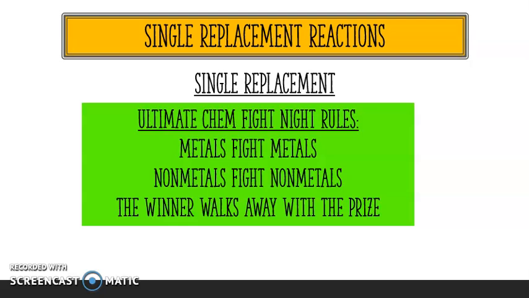So again, just like we would classify boxers in a fight, heavyweight versus lightweight, it's almost the same thing. We don't want to cross those two classes. Metals fight metals, nonmetals fight nonmetals, and essentially it's winner takes all. Whatever's left over, the winner of that fight is going to take it over.